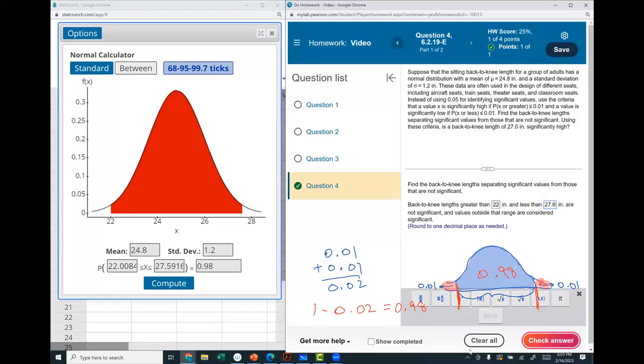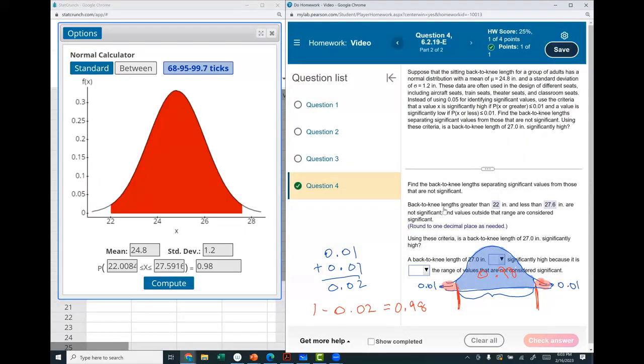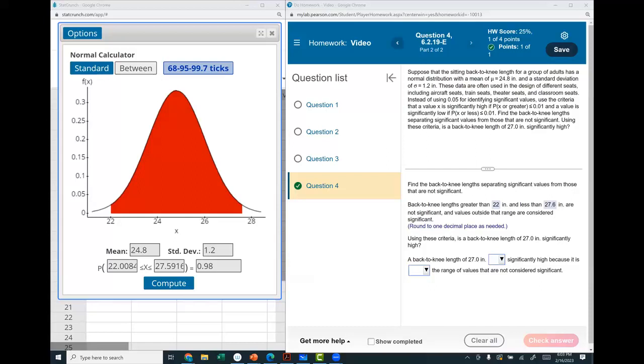And let's check that answer. Perfect. So that's a little bit easier than doing each one of them separately, I believe. I think doing each one of them separately was a little more, well, maybe not. I was going to say it was a little more clear, but this might even be more clear.